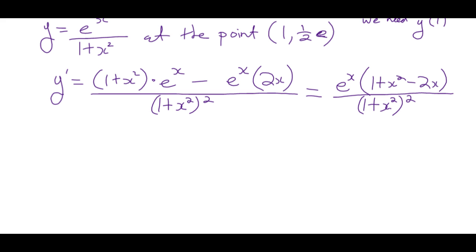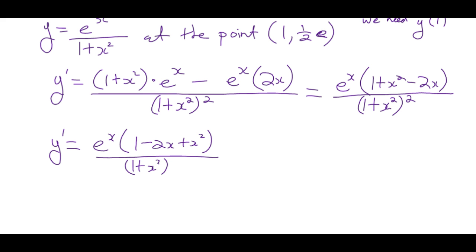So let's clean that up a titch. So we've got e to the x, let's go 1 minus 2x plus x squared over 1 plus x squared squared.